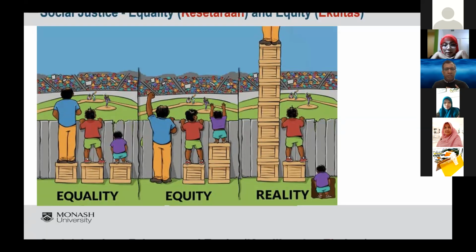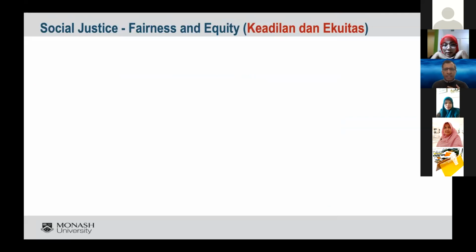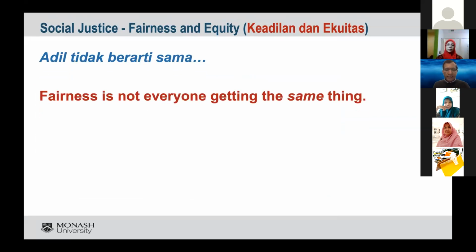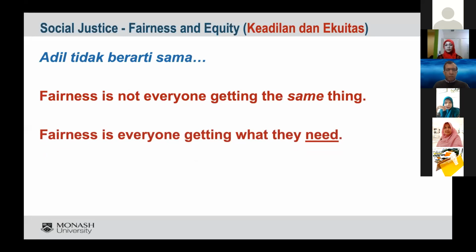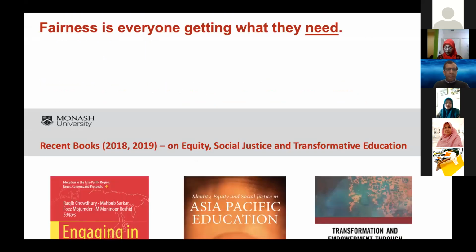So this is social justice. So social justice is actually built in Indonesian culture as well, okay? So fairness, being fair, is not treating everyone in the same way. It is everyone getting what they need, okay?